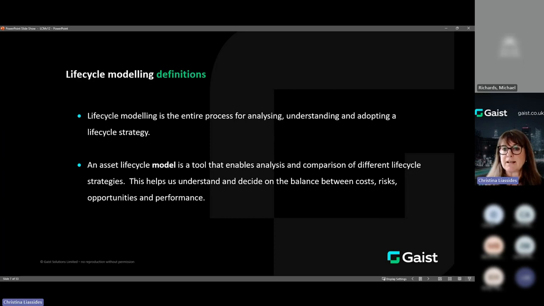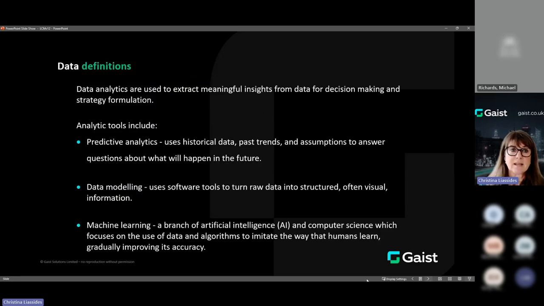It shows us the balance between the costs of doing things, the costs of not doing things, the risks, the opportunities, if there are any, and what performance outcomes will happen through that. So what is the asset going to be like, according to which strategies you choose. It's a tool effectively, and it could be a tool that varies greatly in its design and complexity.